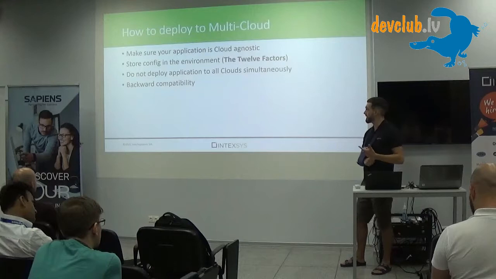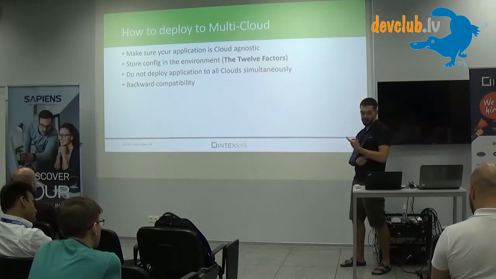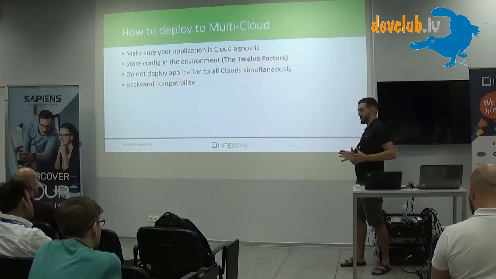Also, make sure that your application is not aware about the host names of your cloud, because as Konstantin said, we will have a blue-green deployment, and host name can change. So your application must be able to deploy to different hosts without even knowing where it's deployed.